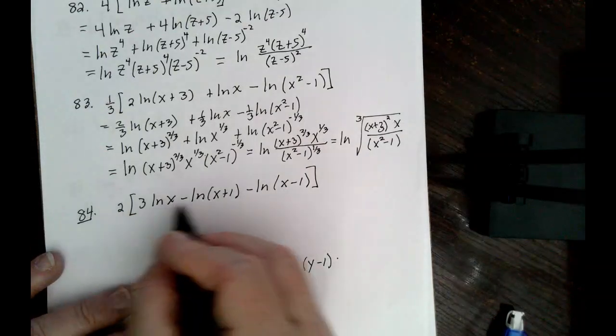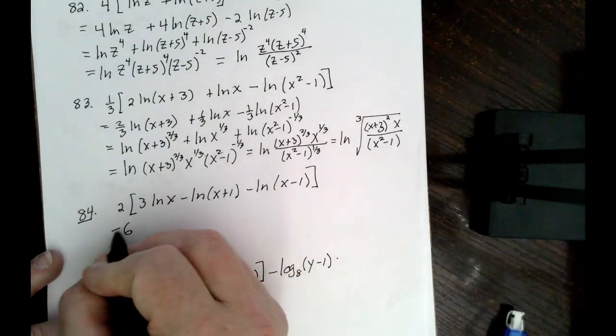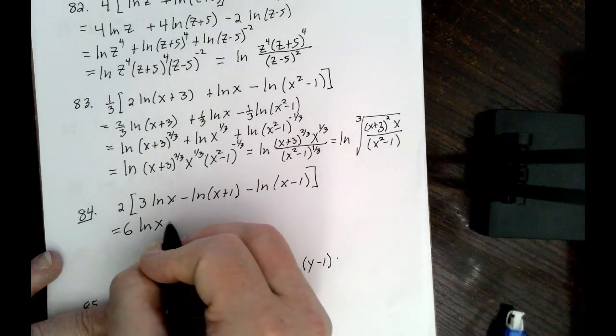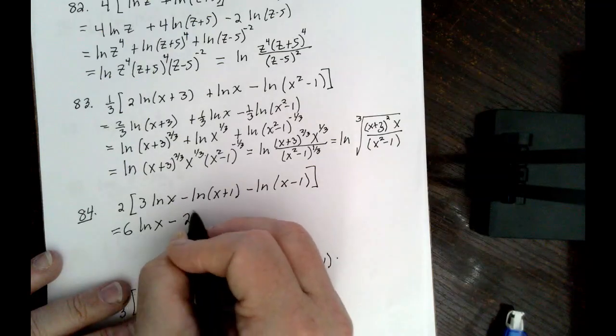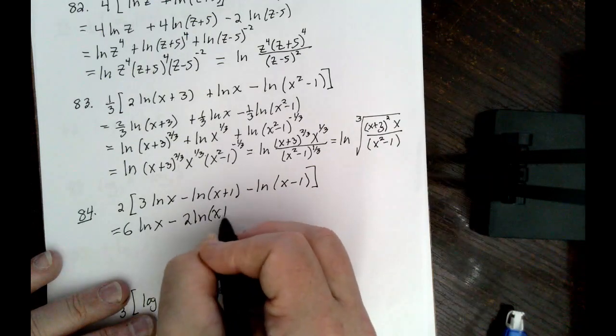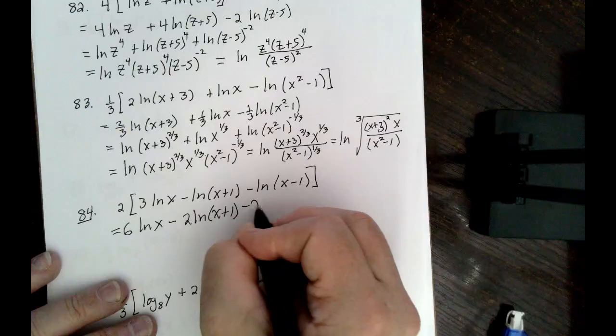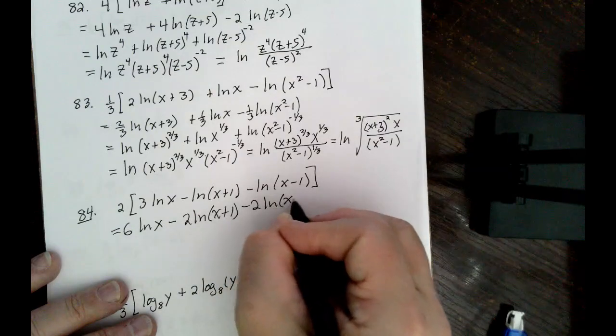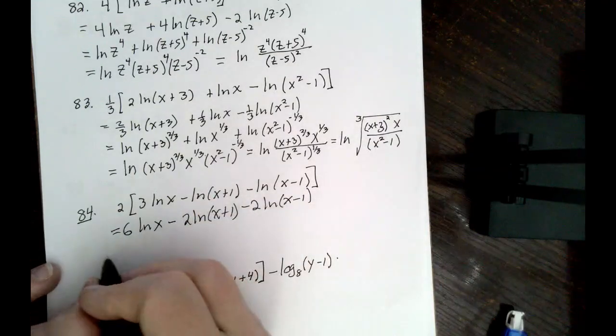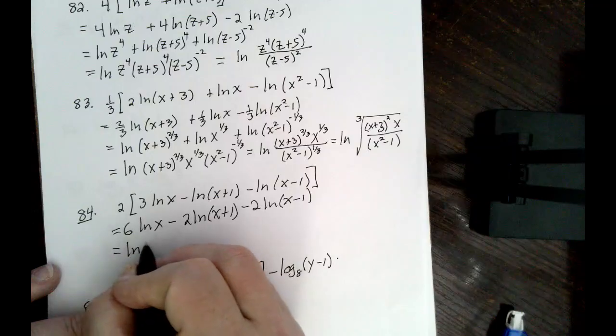Alright, so here you can multiply each one of these by a 2. And you can raise all these, put all these in the exponent.